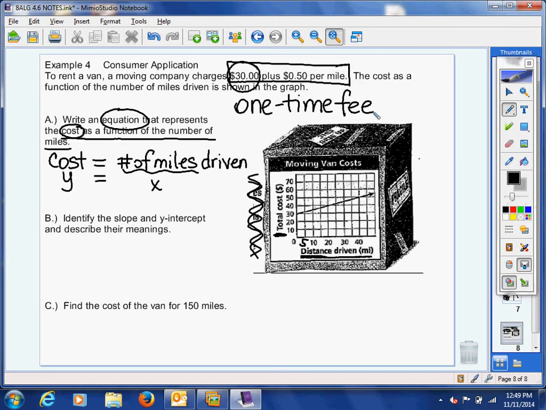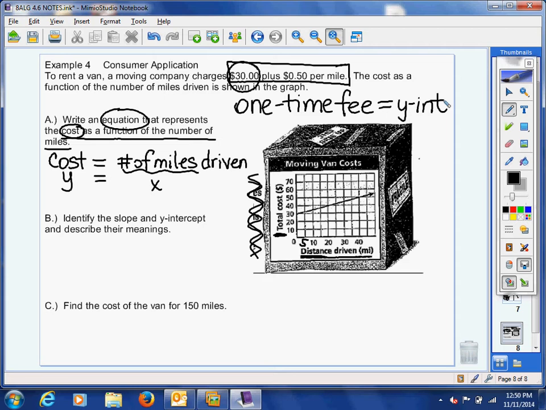You know what, guys? That is always going to be your y-intercept, okay? So even if you walk into the rental place and you say, hey, I want to rent a van, they're going to say, that will be $30 right off the top. Before you even get in the van, before you drive the first mile, you have to pay $30.